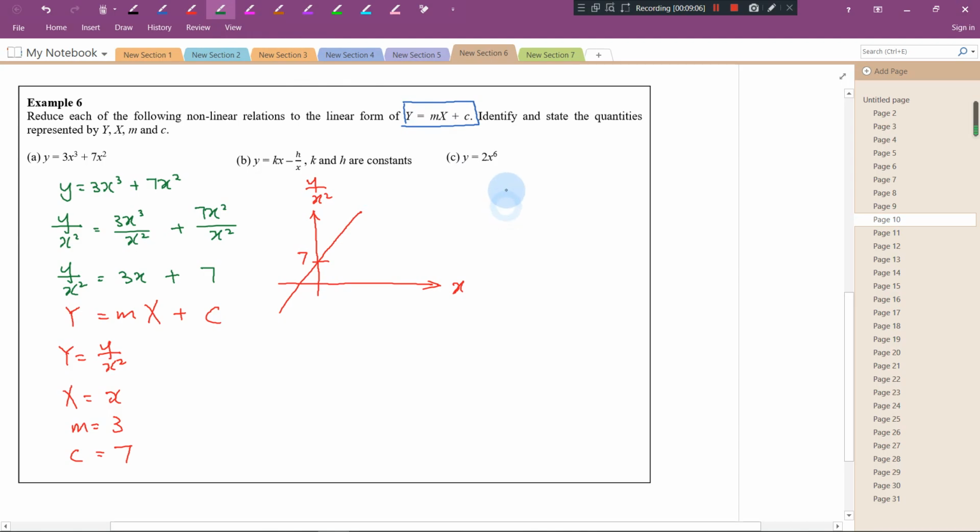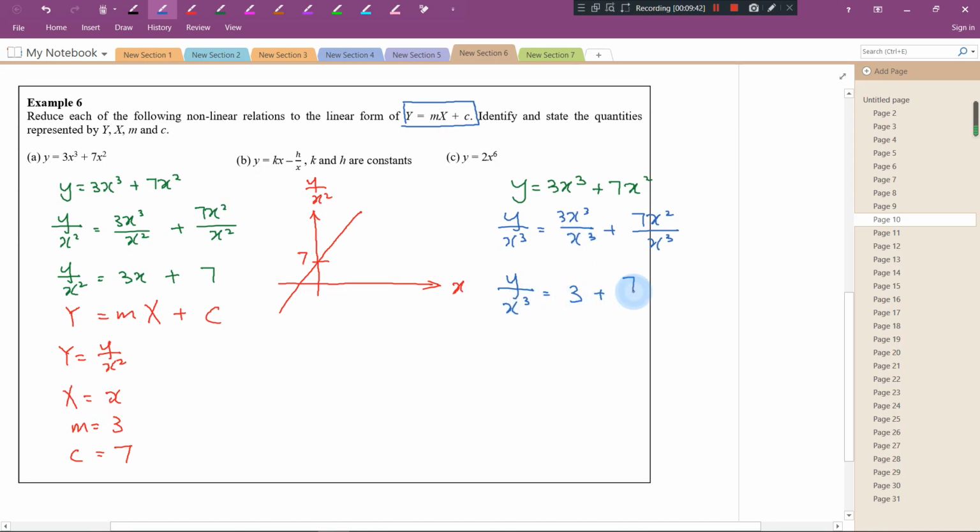So some students might do it in a different way. For example, some students might do it in this way. y equal to 3x cubed plus 7x squared. They just divide this whole function by x cubed. Here will become y over x cubed, and this will become 3.